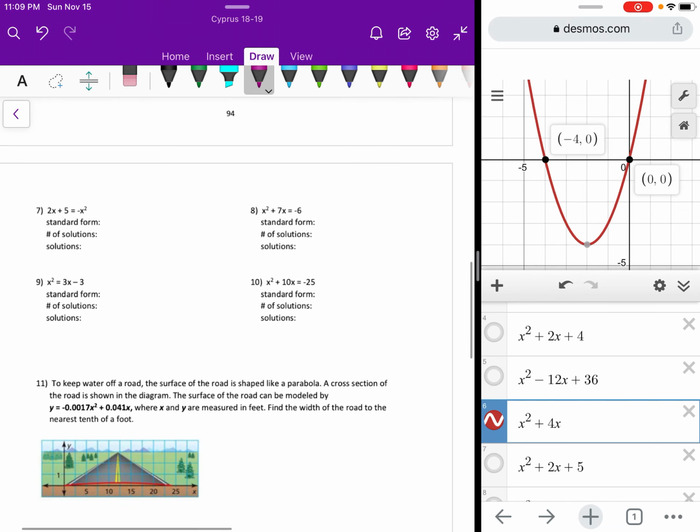Moving along here, number 7, we have 2x plus 5 equals -x squared. This is another one where we want to make that x squared positive. So I'm going to add x squared to both sides. X squared belongs out front, so I'm going to put it in front of 2x and 5 so that my standard form is x squared plus 2x plus 5 equals 0.